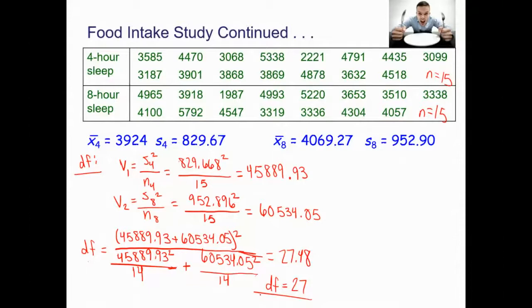Okay, so to get the T critical value, I'm going to draw a little cutout here. What confidence interval do we need? 95%. So a 95% critical value with 27 degrees of freedom. That gives us a T critical of what?